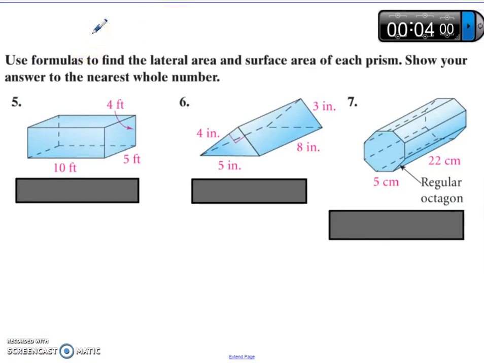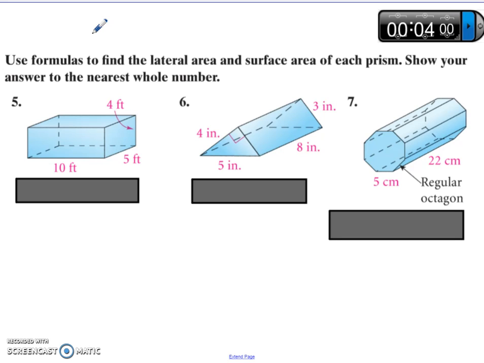So we're going to use our formulas to find the lateral area and total surface area of each of these prisms. So you need your formula chart. You're going to be writing these in that first box, upper left-hand corner.